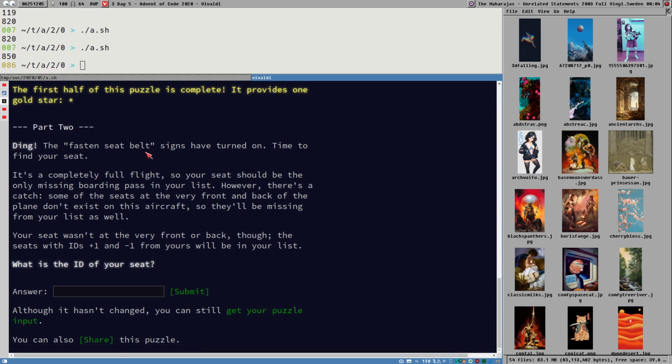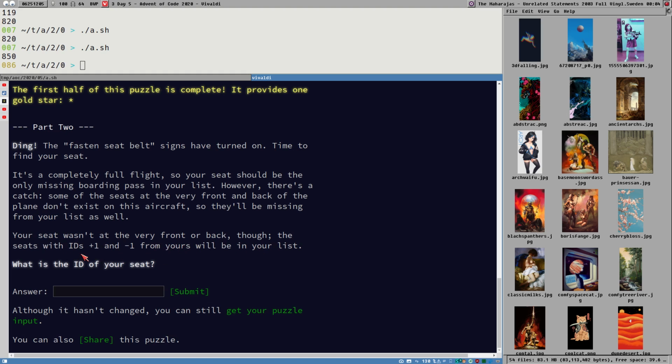Ding! The fasten seatbelt sign have turned on. Time to find your seat. It's completely full flight, so your seat should be the only missing boarding pass in your list. However, there's a catch. Some of the seats at the very front and back of the plane don't exist on this aircraft. So they'd be missing from your list as well. Your seat wasn't at the very front or back though.